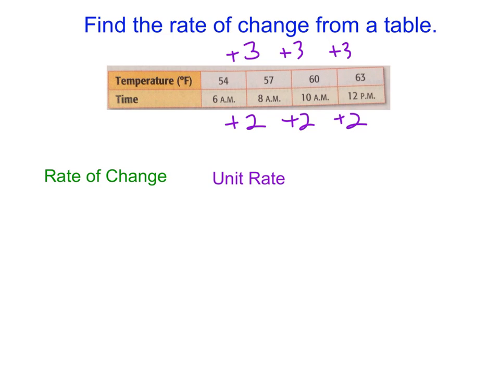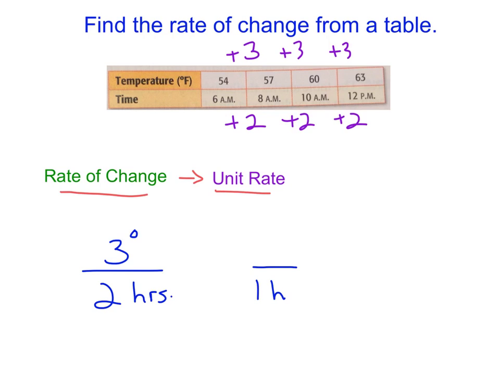Now remember, finding the rate of change from a table is just like finding the unit rate. So I can see from our table here that there's a 3-degree change every 2 hours, and I'll abbreviate hours HRS. Now I want to find out what the temperature change would be in 1 hour.